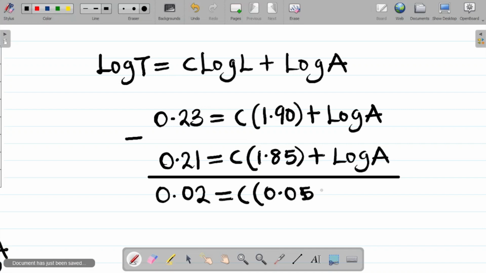Then plus log A minus log A gives you 0. What you're seeing here is mathematically correct. It's like saying 1.9 C minus 1.85 C, and that will be 0.05 C. It's the same thing.